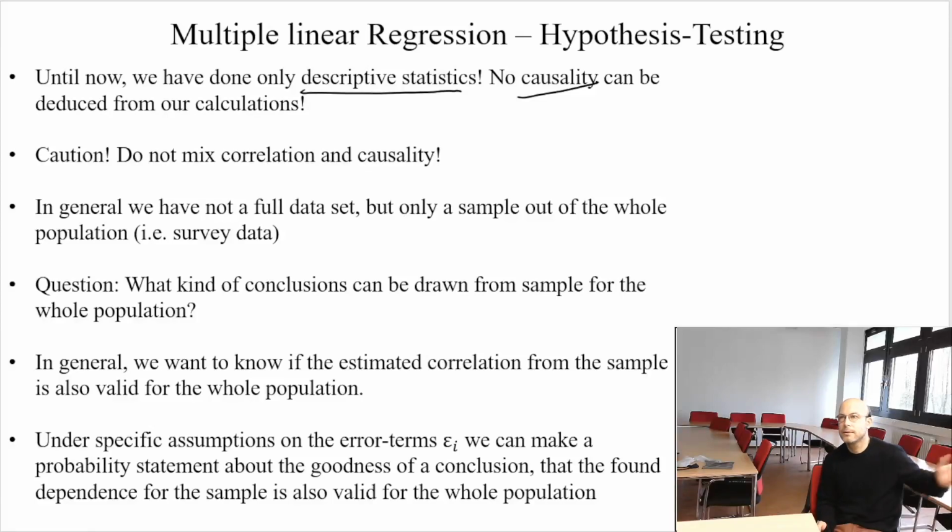And of course, the weather, we don't know if this is really the right variable to explain the births in our hospitals in the next 2 weeks. So please do not mix correlations with causality.